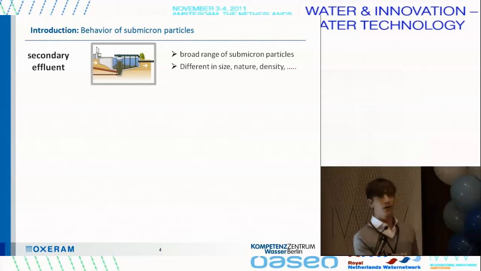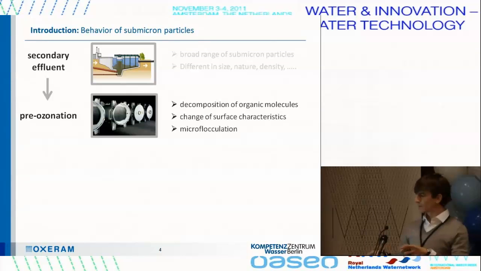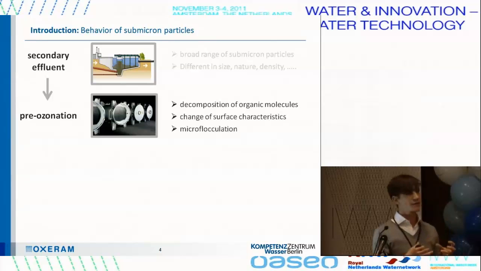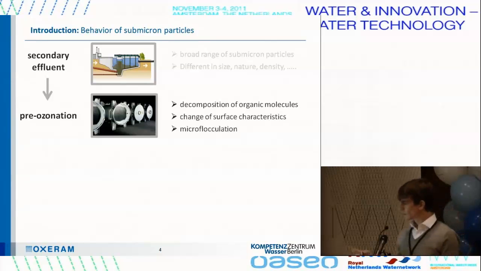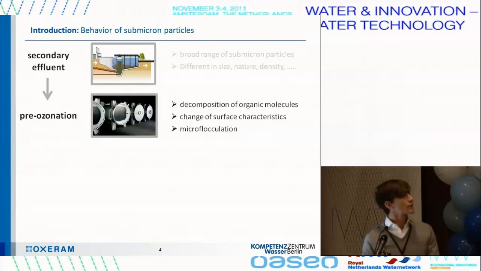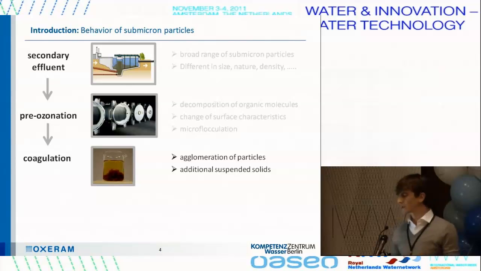Then we do a pre-ozonation, and due to this, a decomposition of organic molecules can happen, forming smaller fractions, but also a change of the surface characteristics of inorganic particles which are coated with organic layers, and also a microflocculation and an agglomeration of the particles. Then we add metal salts for coagulation, so the particles agglomerate, but we also add suspended solids.